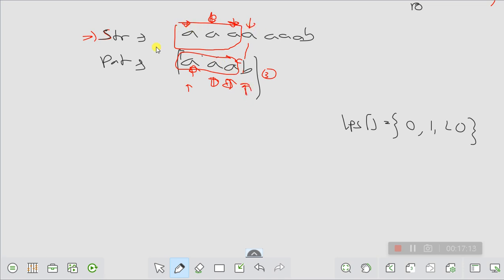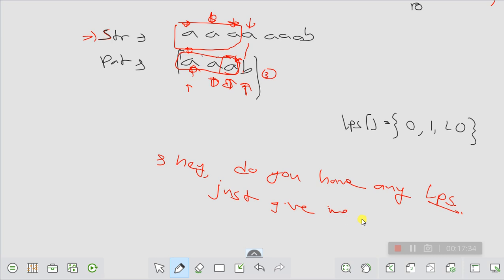So I'm going to ask from this particular character, hey, do you have any longest prefix suffix? If you have, then just give me the length, so that I can use that length in order to avoid the comparison.